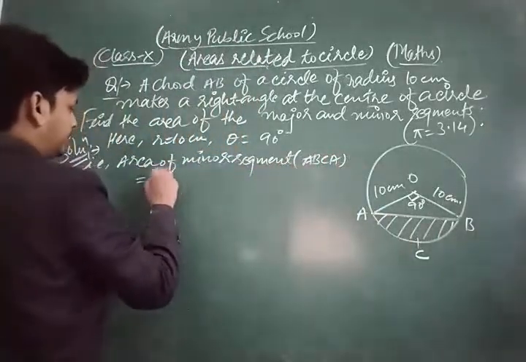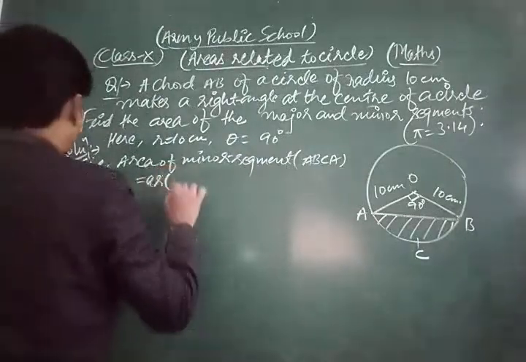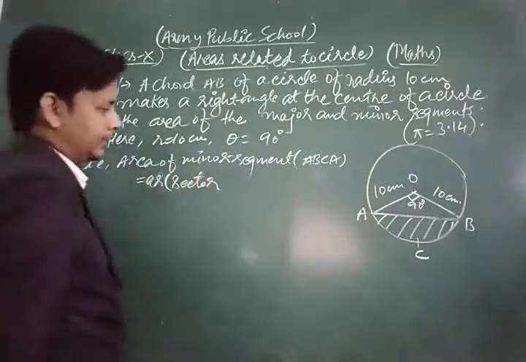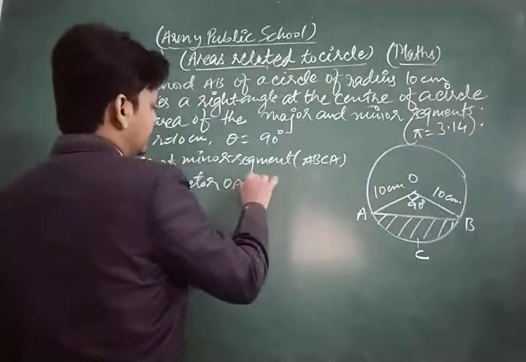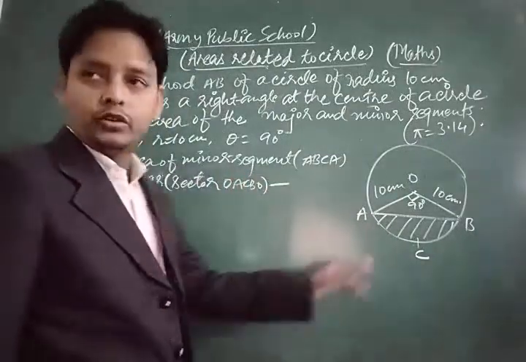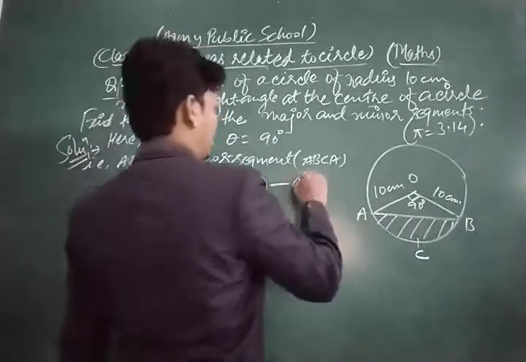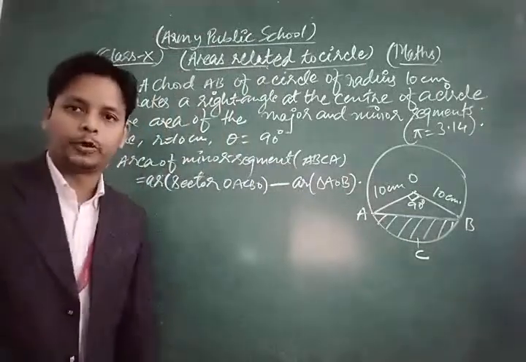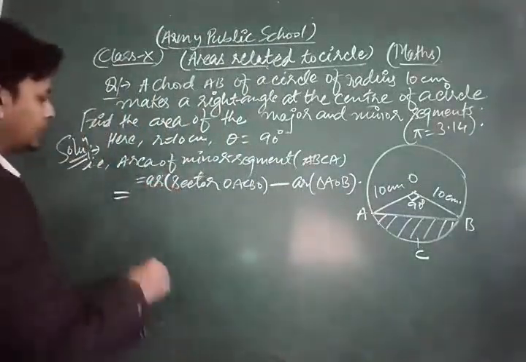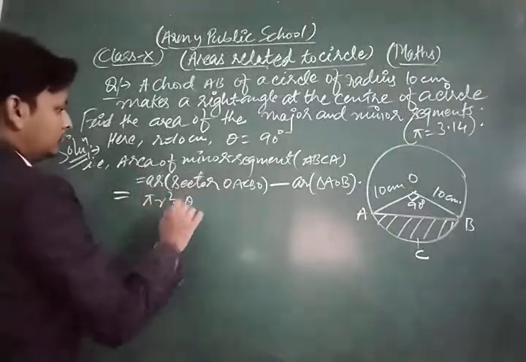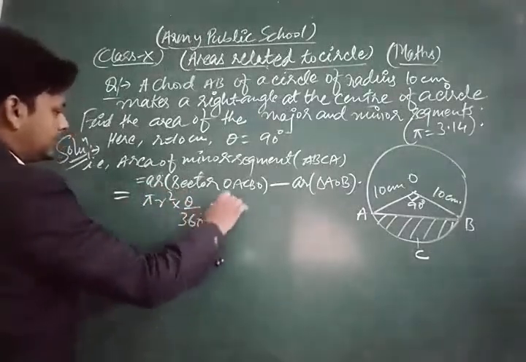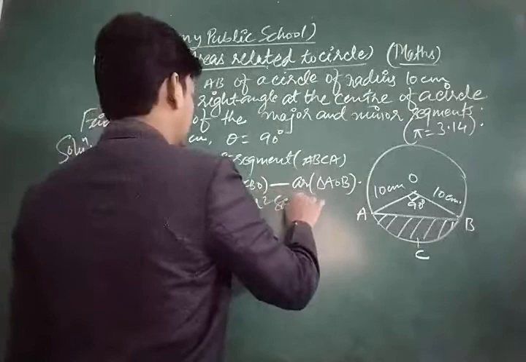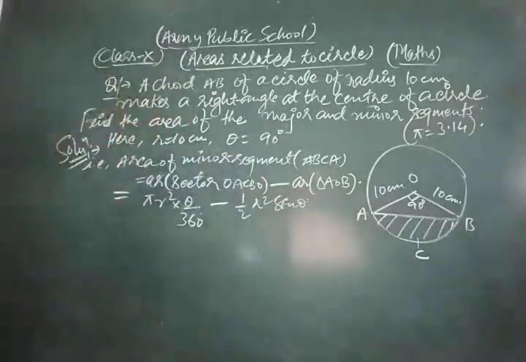Area of sector OACBO minus area of triangle AOB. Now, area of sector, you know, is pi r square into theta upon 360, minus area of triangle AOB, you know the formula, 1 upon 2 r square into sin theta. This is the formula for that.